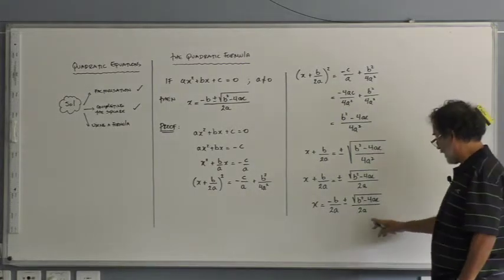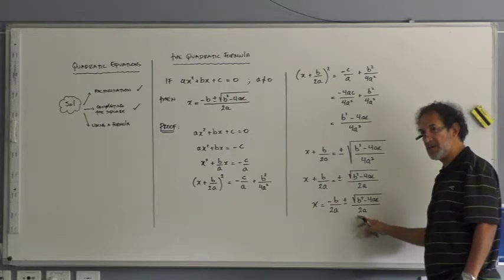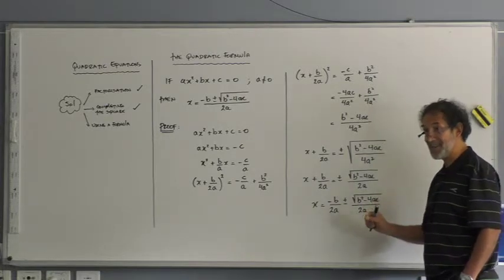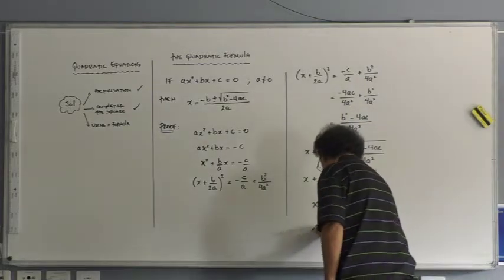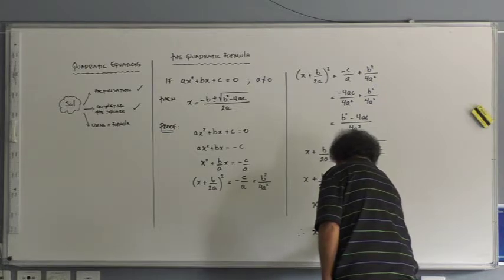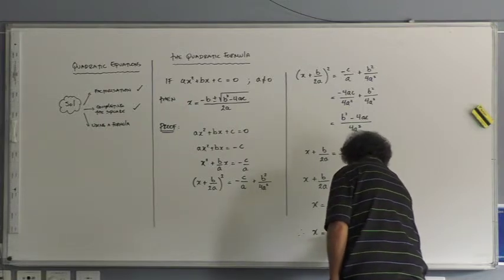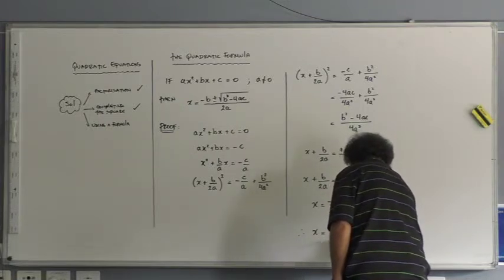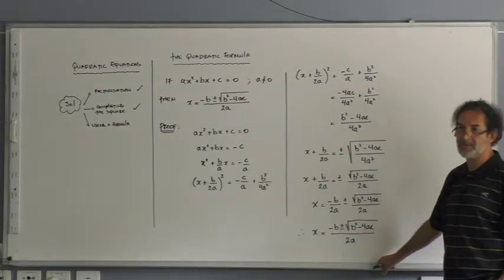Now, can you see that we have the same denominator? Put them together, and then we have the answer. So finally, x is equal to minus b plus or minus the square root of b squared minus 4ac, all over 2a. That's it. So that's how you derive the formula.